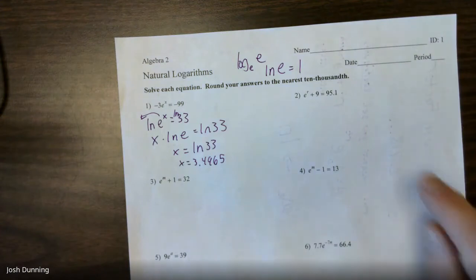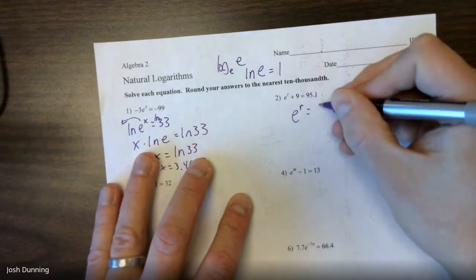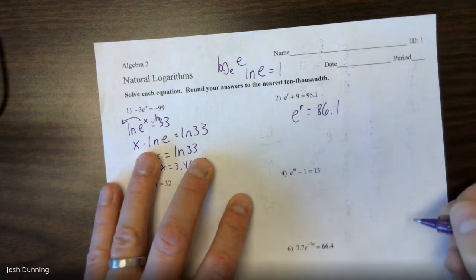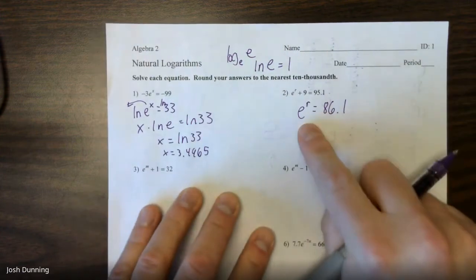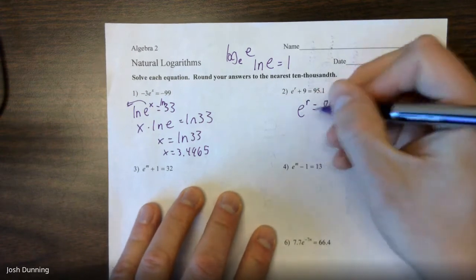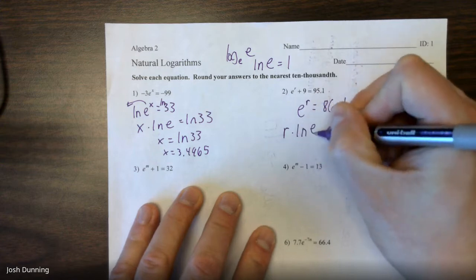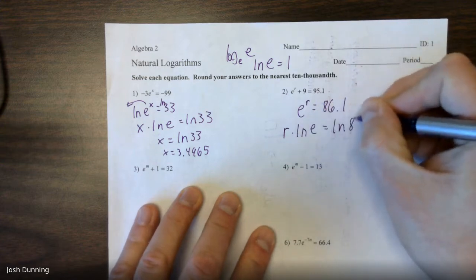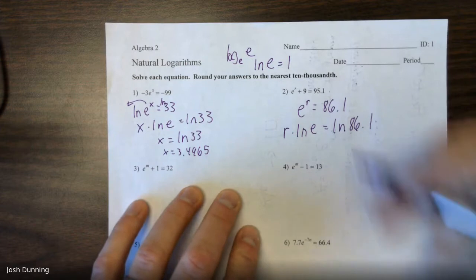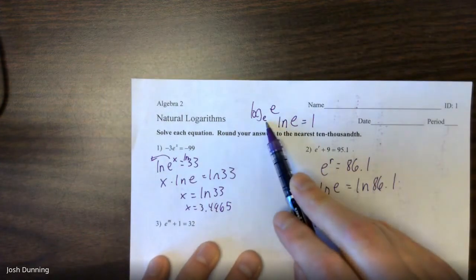So number 2, well, -9. That gives you 86.1. Again, you saw the E, so you think, hey, natural log, ln. So if I take the ln of both sides, that pops the R out. And then, again, remember, ln of E means what do I raise E to get E?